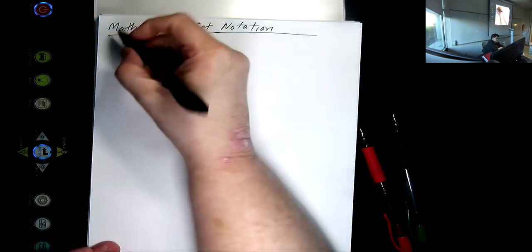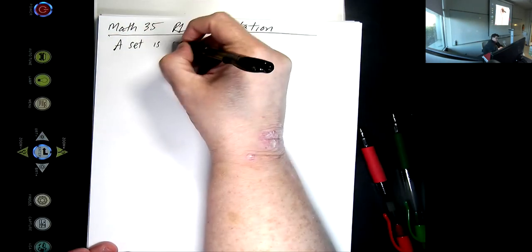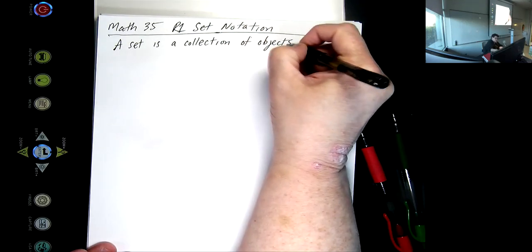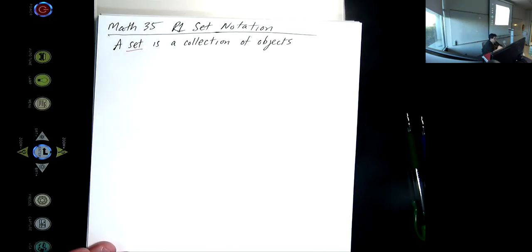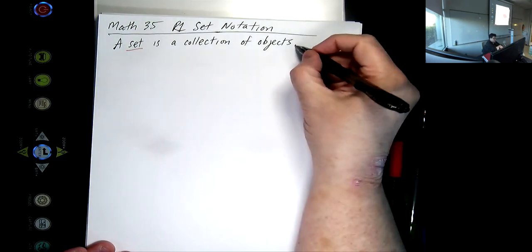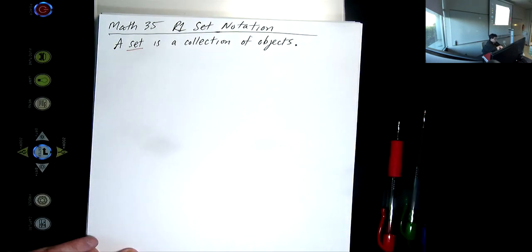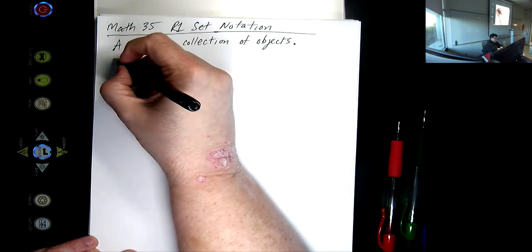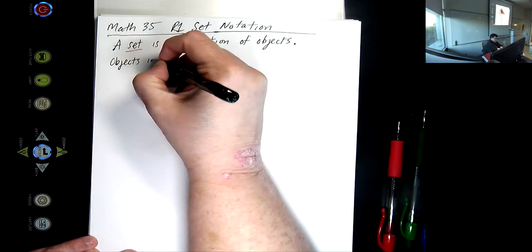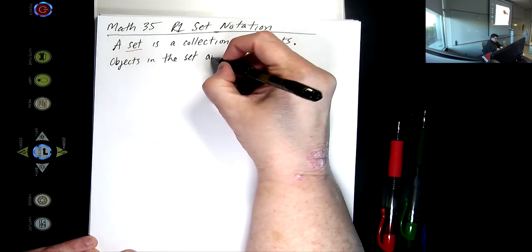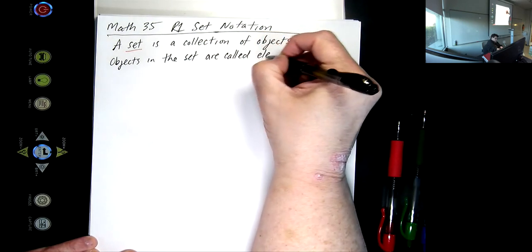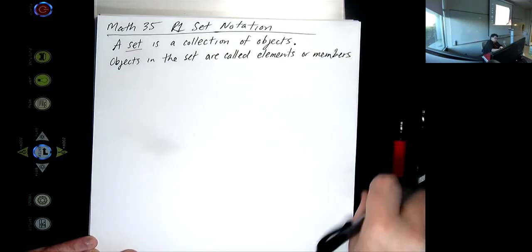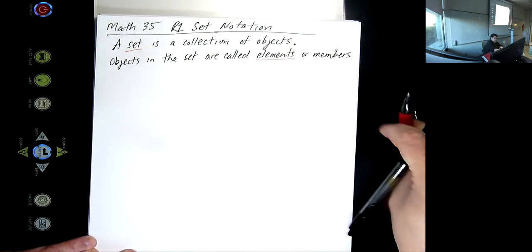So a set is a collection of objects. Objects in the set are called elements or members. Elements is the one they tend to use the most.